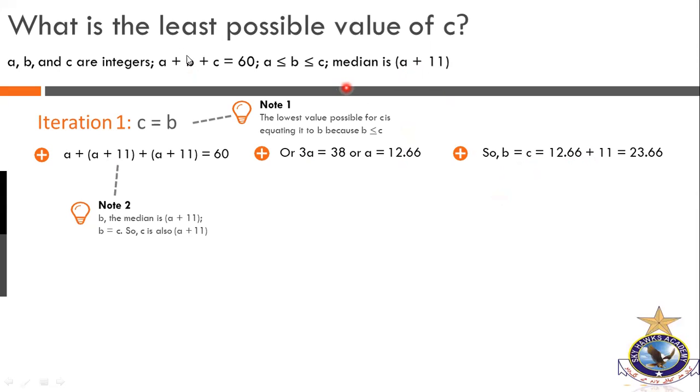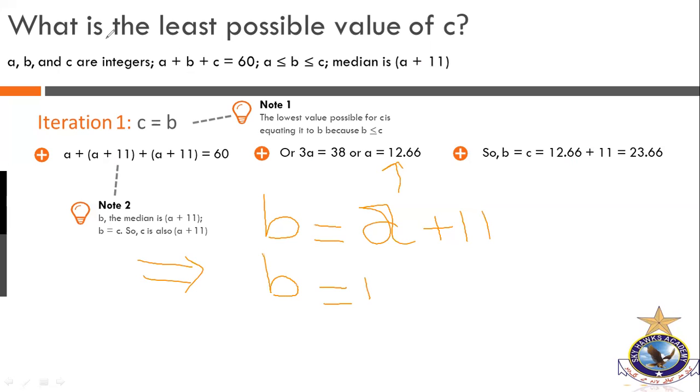One thing more, let me explain this one. B is the median, am I right? B is given as A plus 11. This implies that B is A plus 11, and we have just calculated the value of A. I am just going to put this value of A: 12.66 plus 11 as it is.